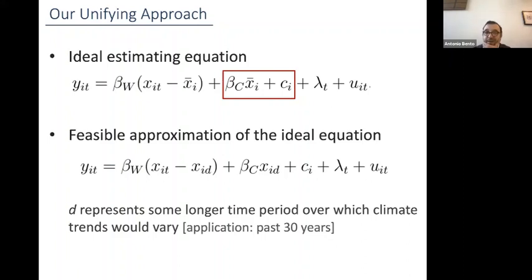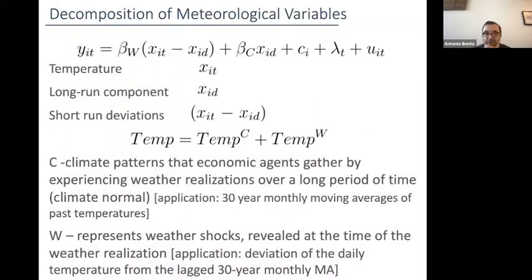Now, there is something else that you may not like, which is we've implemented a decomposition here very much like what Solon does in his 1992 paper, which is a very simple linear decomposition. And I will talk about that towards the end of the talk.